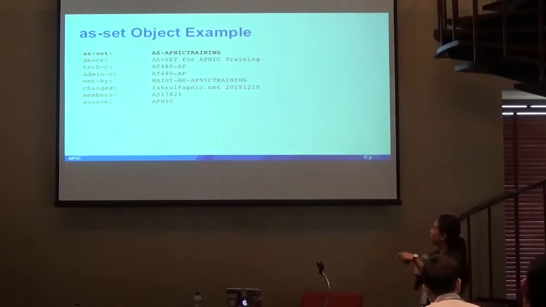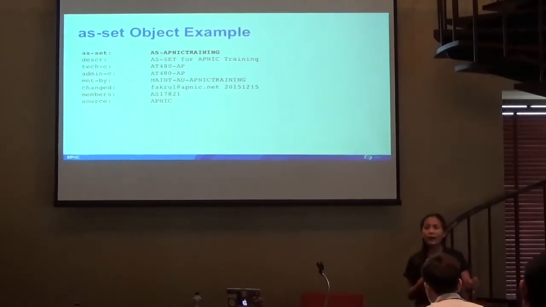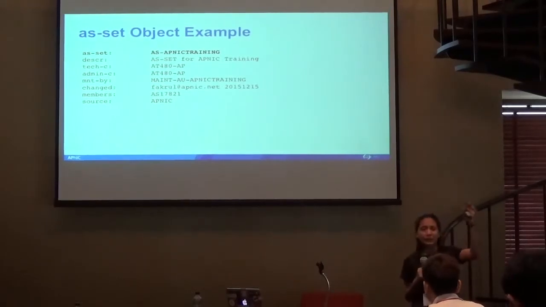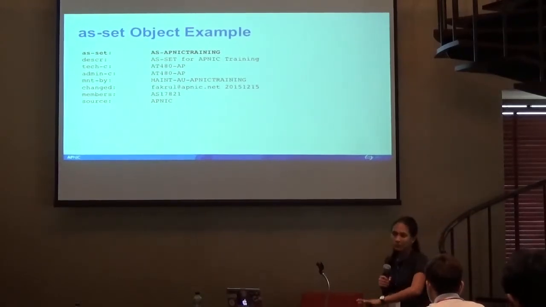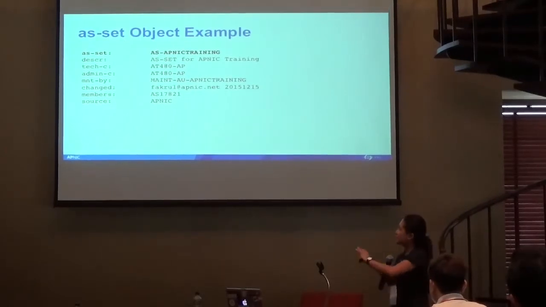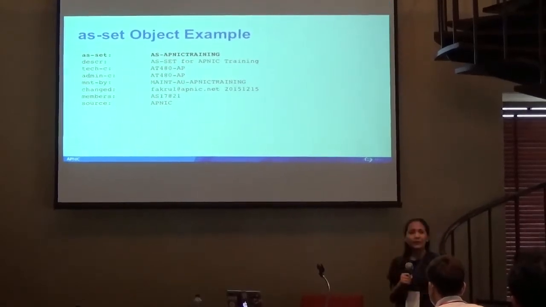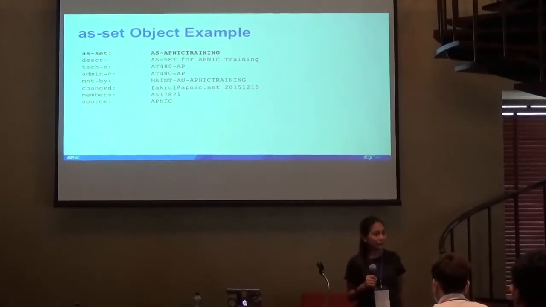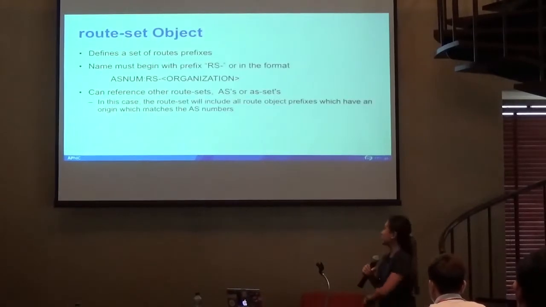So far, for this AS set, I've only added one member, AS17821, but I can add more. They will all belong to this AS set, and if I want to implement a particular RPSL policy for all of those, I can easily just add more AS numbers onto this AS set and reference the AS set rather than individual ASNs. That's your AS set.